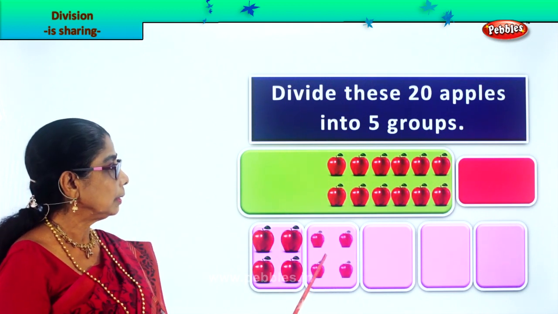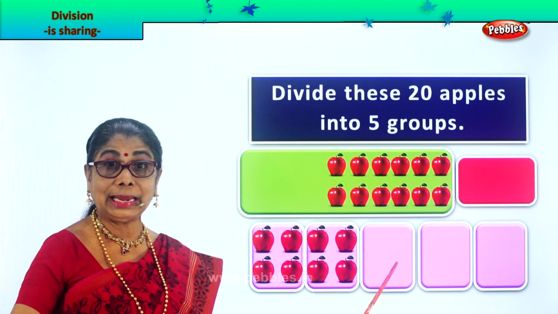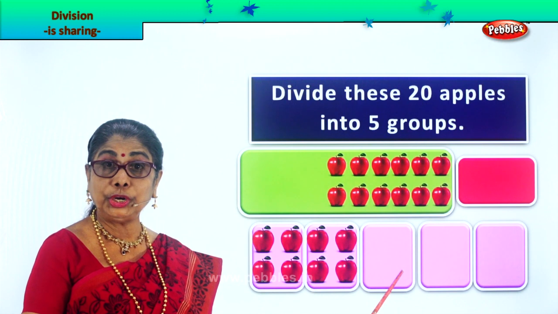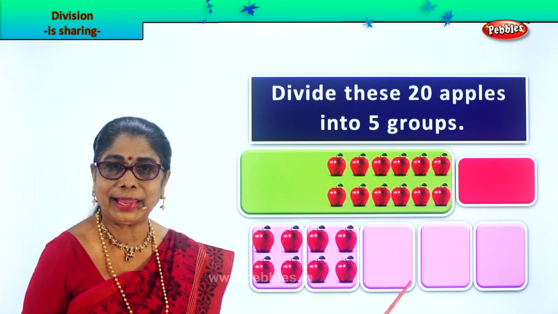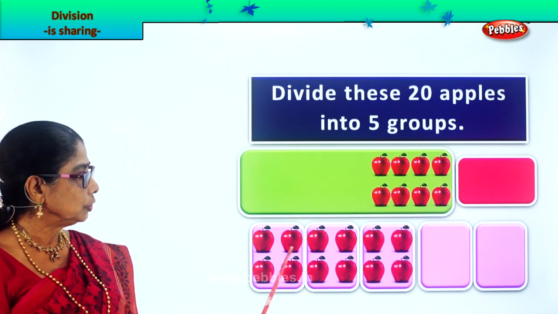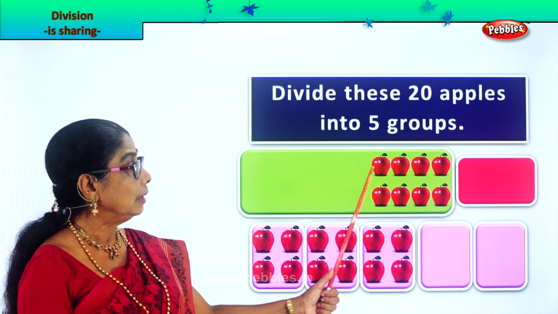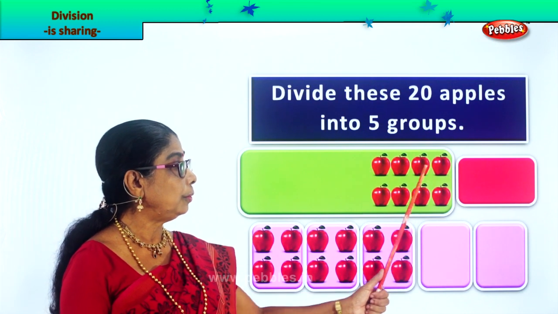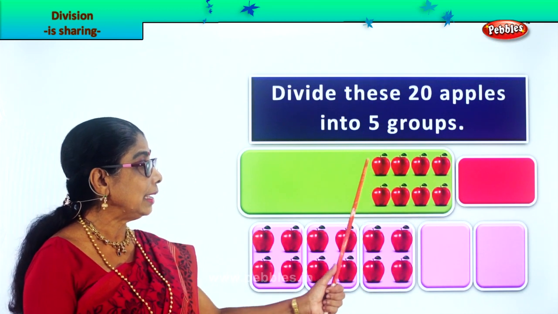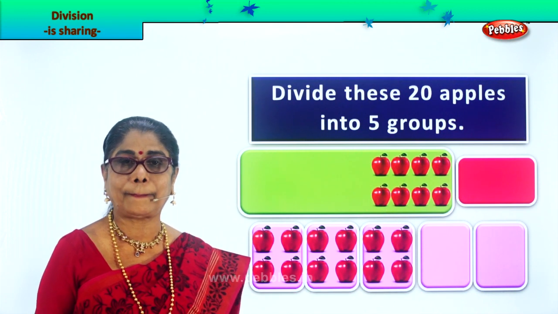Good. Next, 1, 2, 3, 4. Let's take another 4 apples and put it into the third tray. Look. So we have 4, 4, 4. Let's take another 4 and put into the fourth tray.